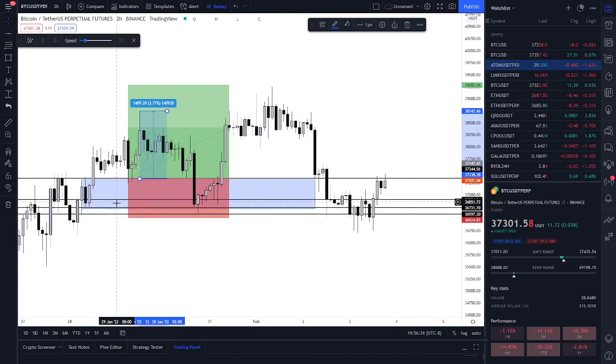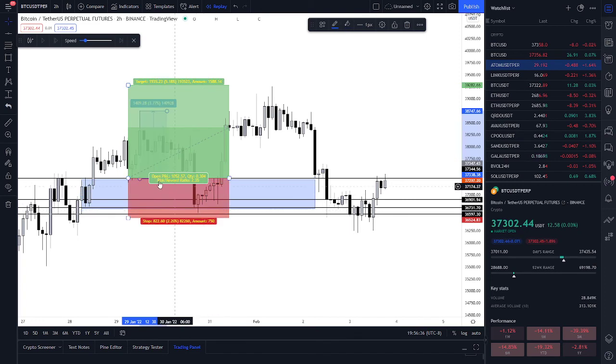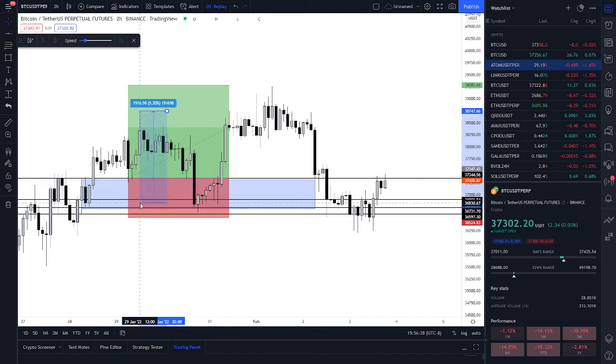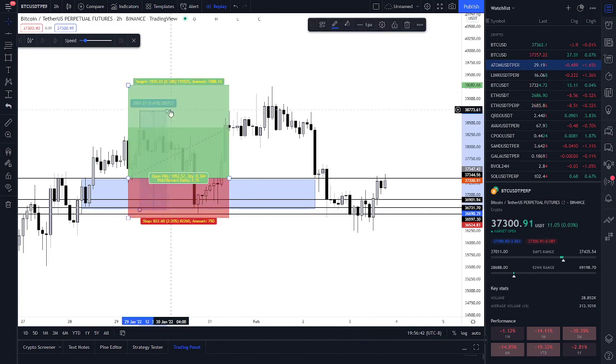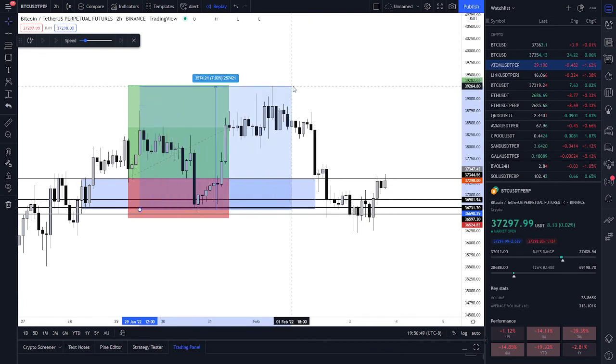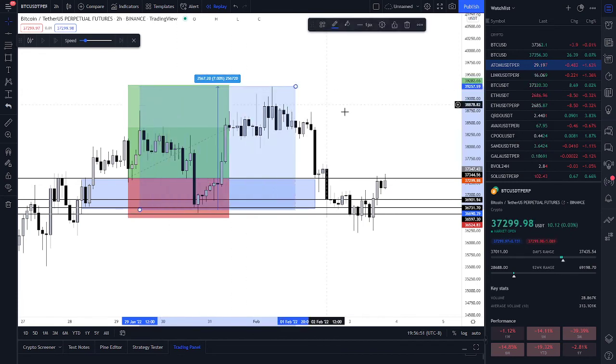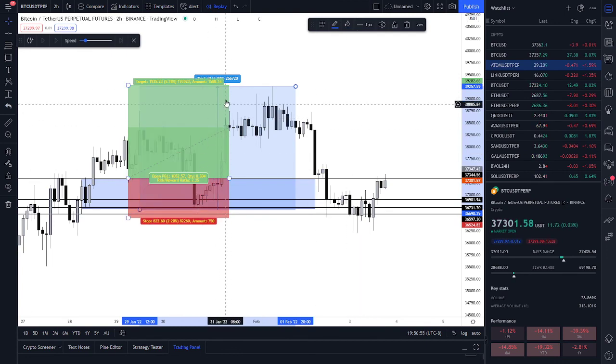Your first DCA and your second DCA filled here. Your average entry will probably be closer to your stop loss. So let's just say there. All filled. And then we went back up to 39,250. You got a 7% move just milking this zone again.